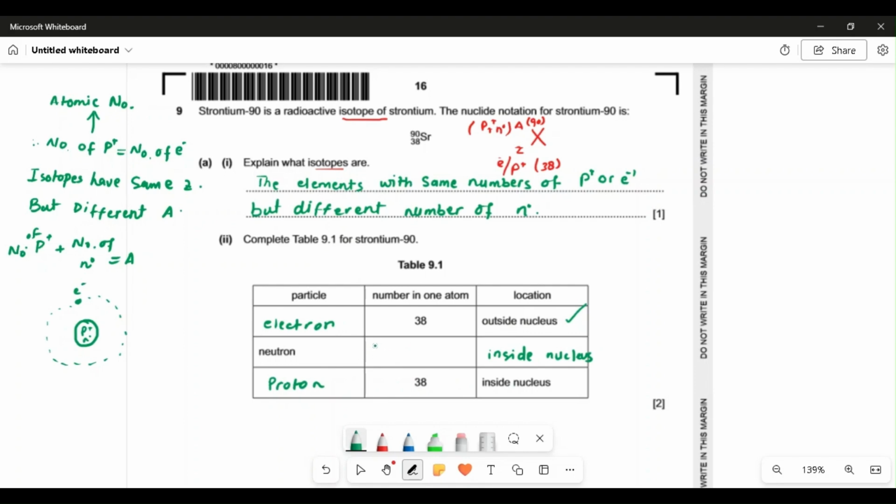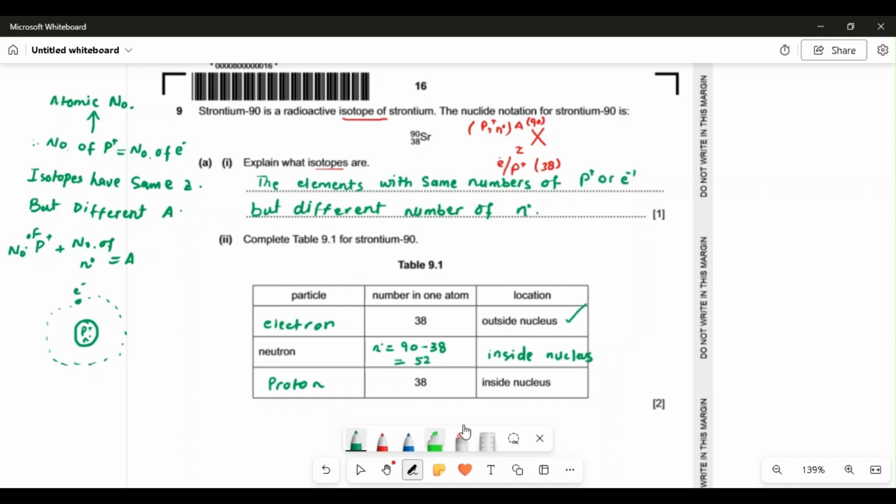The number of neutrons can be calculated as mass number minus atomic number, so 90 minus 38 will be 52.